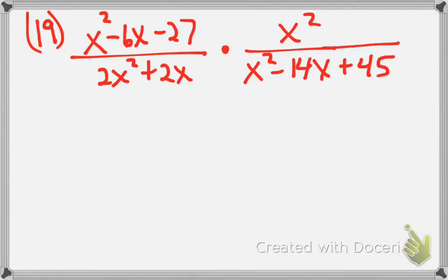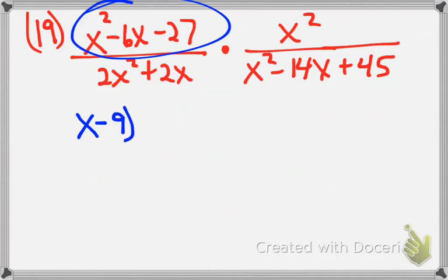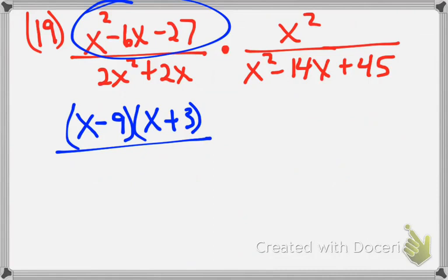Okay, so keep, change, flip, and then factor. I'm going to start with the top left numerator, and look for what multiplies to give me 27 and adds to give me negative 6. So 27 is 3 times 9, so I'm going to do x minus 9 and x plus 3.